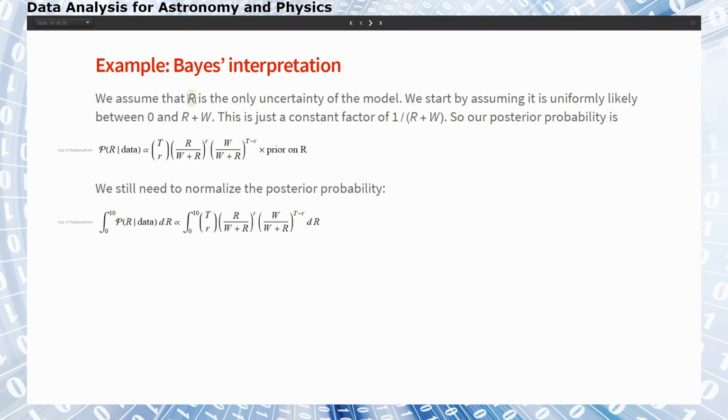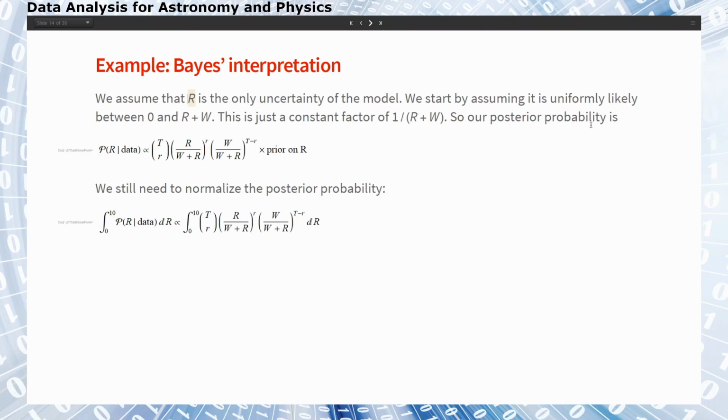We don't know how many red balls there are. So we start by assuming it is uniformly likely that we have any number between 0 and 10 red balls. The probability of such a uniform distribution is 1 over R plus W, so 1 divided by 10.